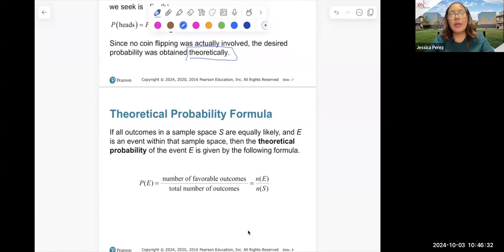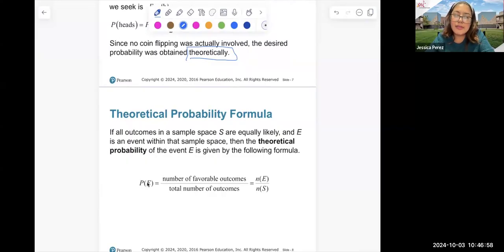If all the outcomes in the sample space S are equally likely and E is an event within the sample space, then the theoretical probability of the event E is given by the formula. So this E was a subset. That subset was heads. So we were looking at the probability of landing a head, which is one subset of my heads or tails.